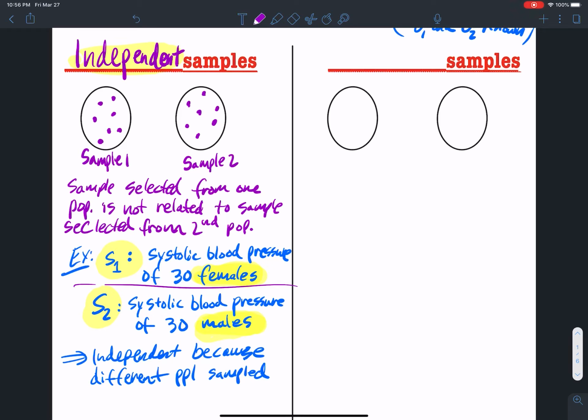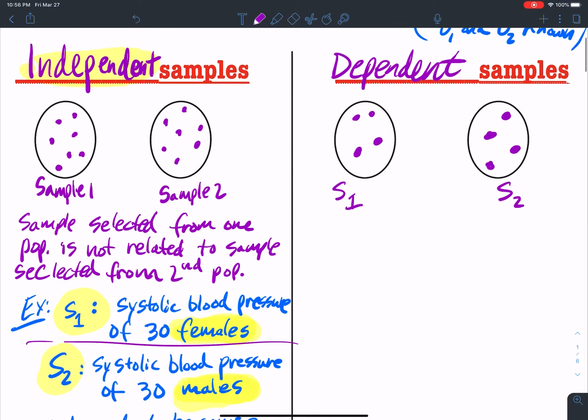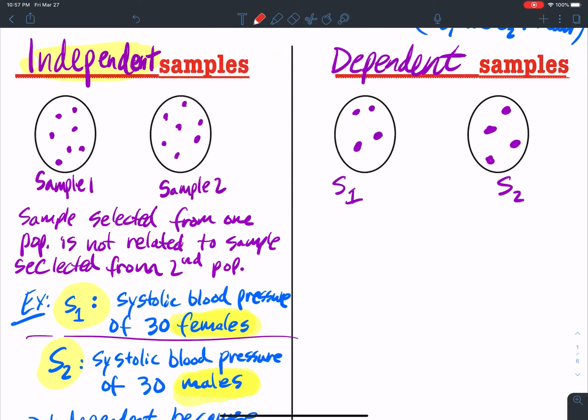Let's take the other side of the coin. Dependent samples. All right, so maybe I've got 1, 2, 3, 4 and 1, 2, 3, 4 over here. So maybe this is sample 1 and sample 2. Okay. So dependent. So maybe this maps right over here.